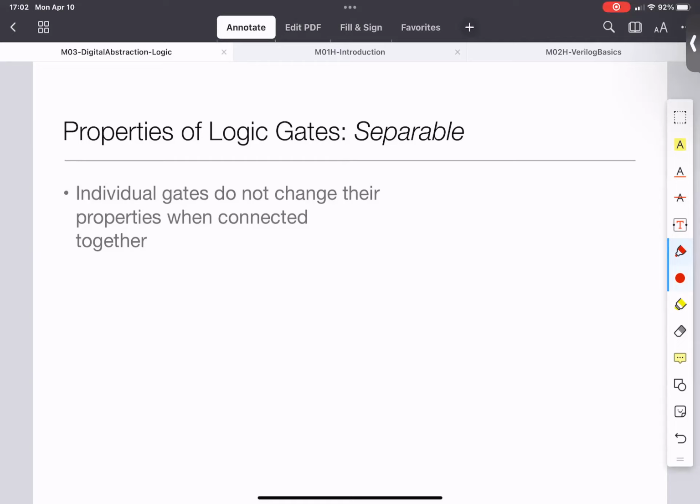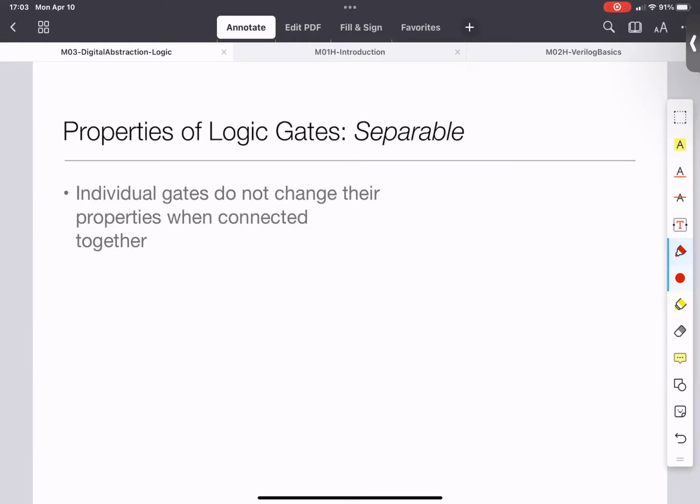I'm taking a mathematical view here. Electrically, bad things can happen. For example, if I take my NOT gate and put in front of it a very big NOT gate, which has lots of capacitance, then my first wimpy NOT gate may fail to function as a NOT gate. So I'm ignoring electrical effects that can cause problems. But as a mathematical idealization, these are separable.